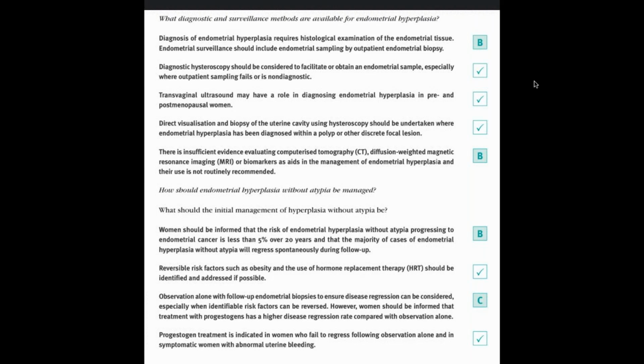Okay, reversible risk factors such as obesity and the use of HRT should be identified and addressed as possible. Now here, that is under information gathering. So in your history, if it's not mentioned to you whether she's taking HRT or not, and you see that her age is around the menopause, then ask her. So these are one of the points that you will ask on the history.